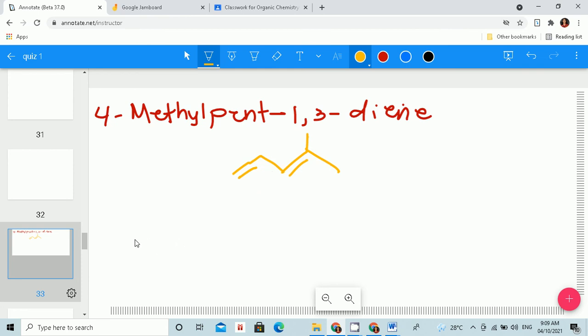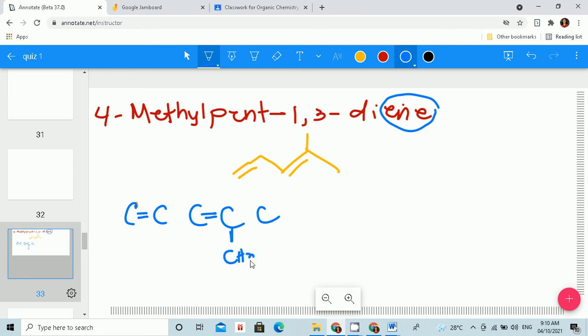Now let's go for the line structure. Now for the condensed structure, okay, I'll write this one. So pent, 1, 2, 3, 4, 5. Okay, in 1, 3 we have diene. We have a double bond because of ene. Then in carbon 4 we have CH3.